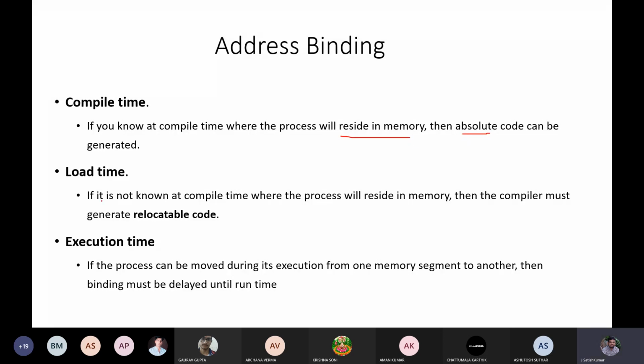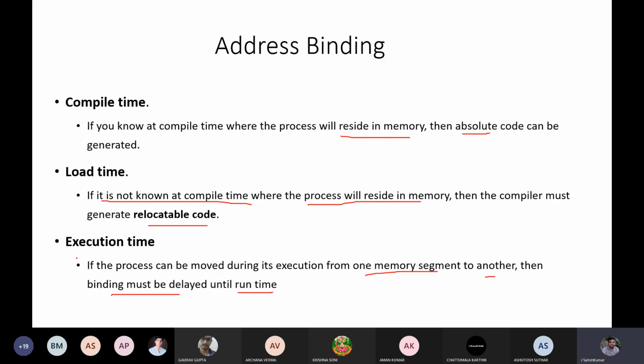Suppose it is not known at compile time where the process will reside in memory, the compiler must generate relocatable code. If the process can be moved during its execution from one memory segment to another, then binding must be delayed until runtime. So there are many parameters we need to consider when address binding happens with respect to compile time, load time, and execution time.